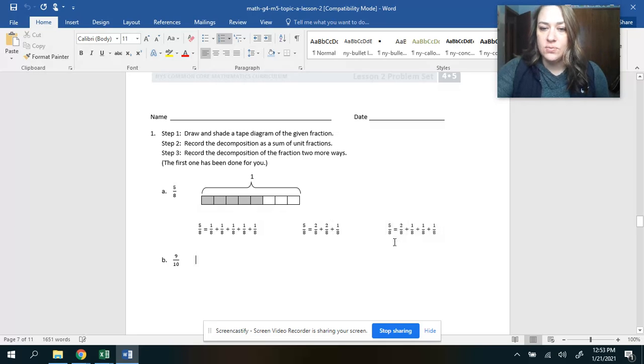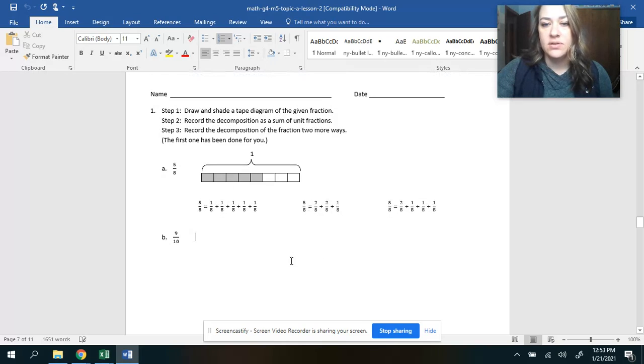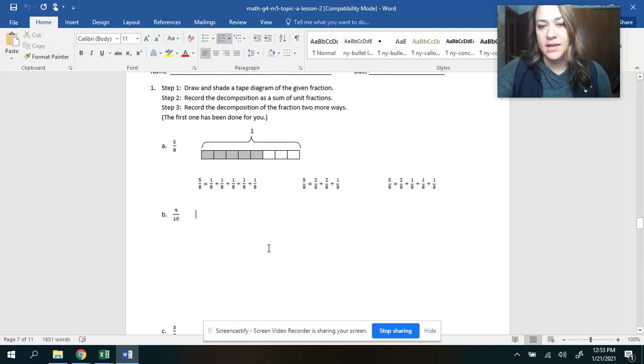Or you could have done 2 plus 1 plus 1 plus 1, 2, 3, 4, 5. So that's kind of our focus today: showing a fraction in a tape diagram and showing that we can decompose it more than one way, okay?